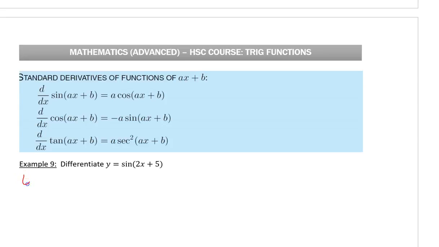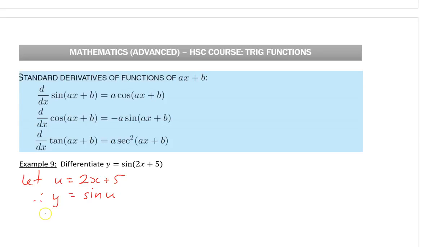So I'm going to say, let u equal this thing in the brackets, because sine x is very straightforward, and I kind of wish that it were. So we're going to say let u equal 2x plus 5. That will mean that my function now is sine of u, which is nice, it's very standard.